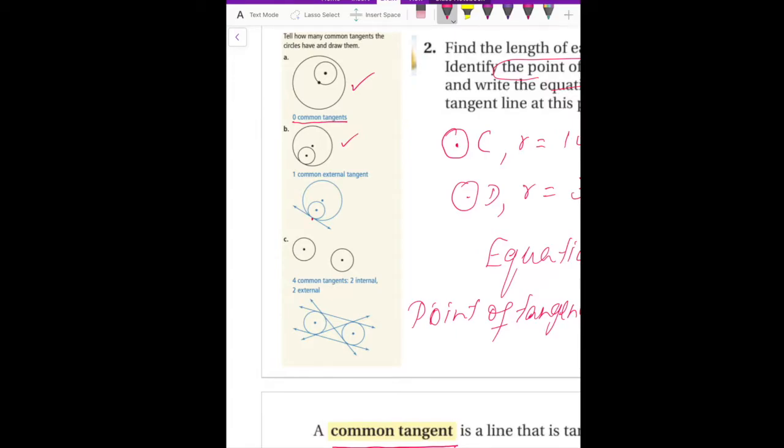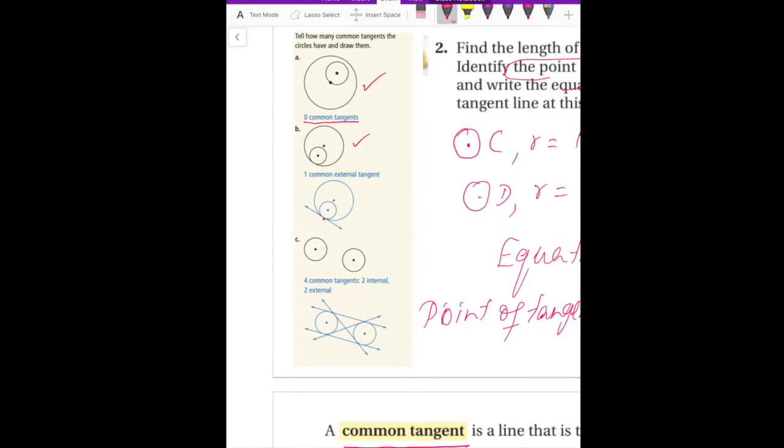You can draw one external tangent like that, only one. What if you have two separate circles like this? You can draw 4 common tangents, 2 internal and 2 external.